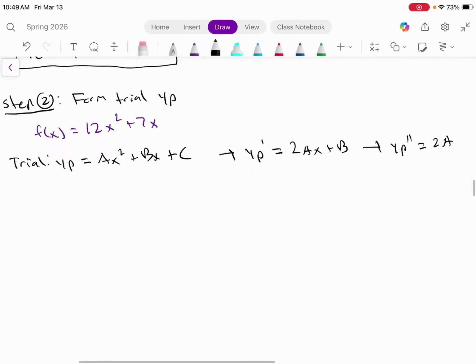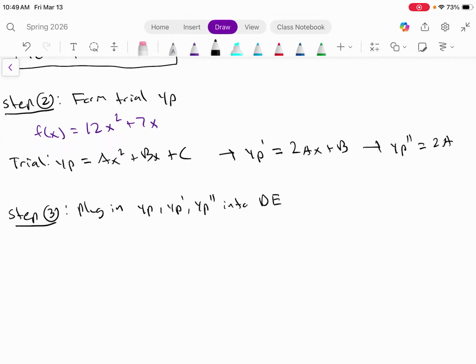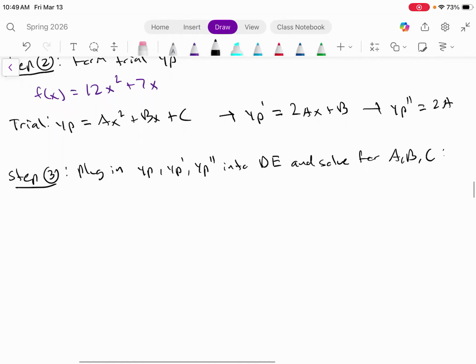Here's step three, where most of our work is going to be. Step three, plug our particular solution and its derivatives into the differential equation and solve for A, B, and C. Let's just rewrite it for note purposes.